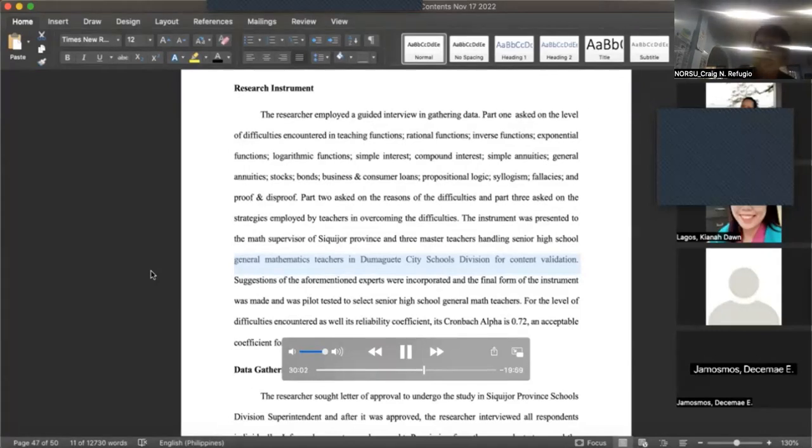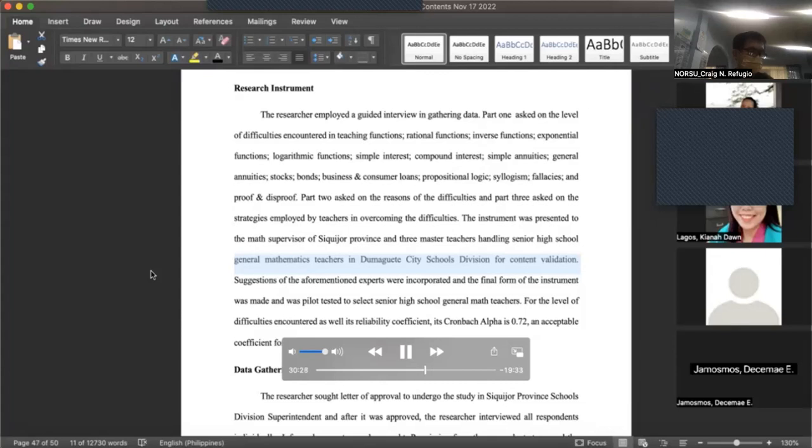If you look into public school, then it should be public school also in Dumaguete. If you look into grade 10 in your actual research locale and target population, then make use of grade 10 also in the pilot testing. Do you follow? Yes, sir.